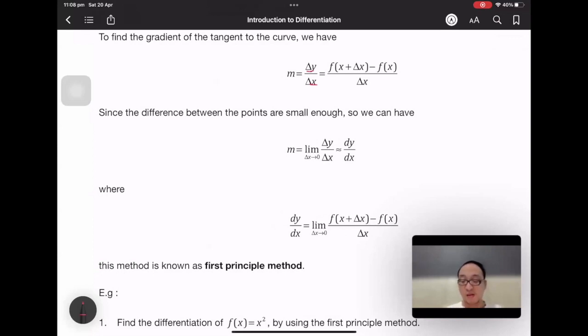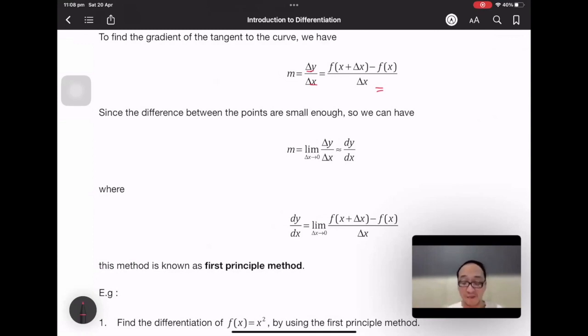Delta y is f(x plus delta x) minus f(x), over delta x. If you notice, this notation is the same as the equation that we discussed in the previous video, so better check that video first.